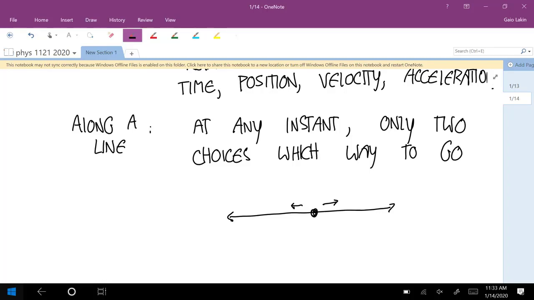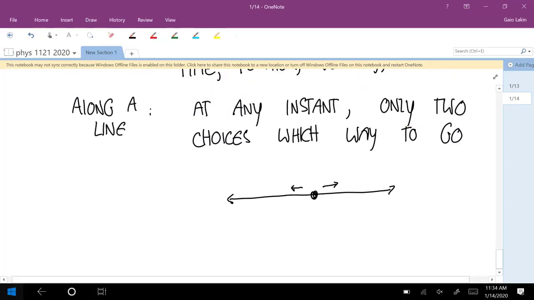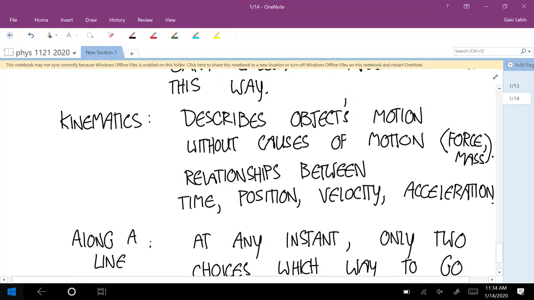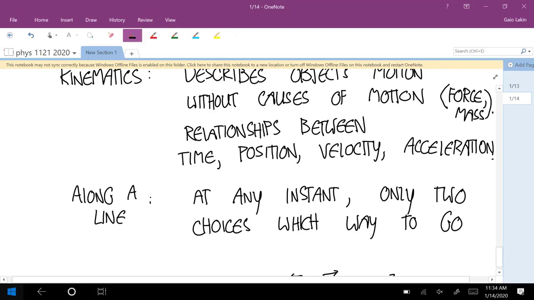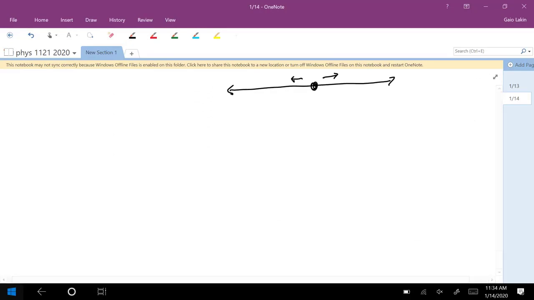Any other questions right now? All right, well, obviously, since we're dealing with relationships between time, position, velocity, and acceleration, we have to define these things. So I'm going to start out by defining position.